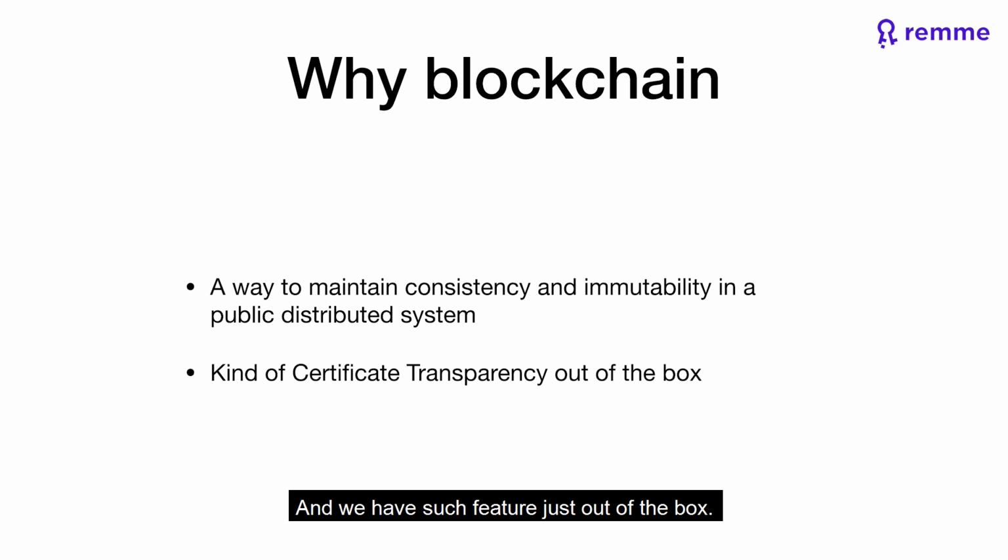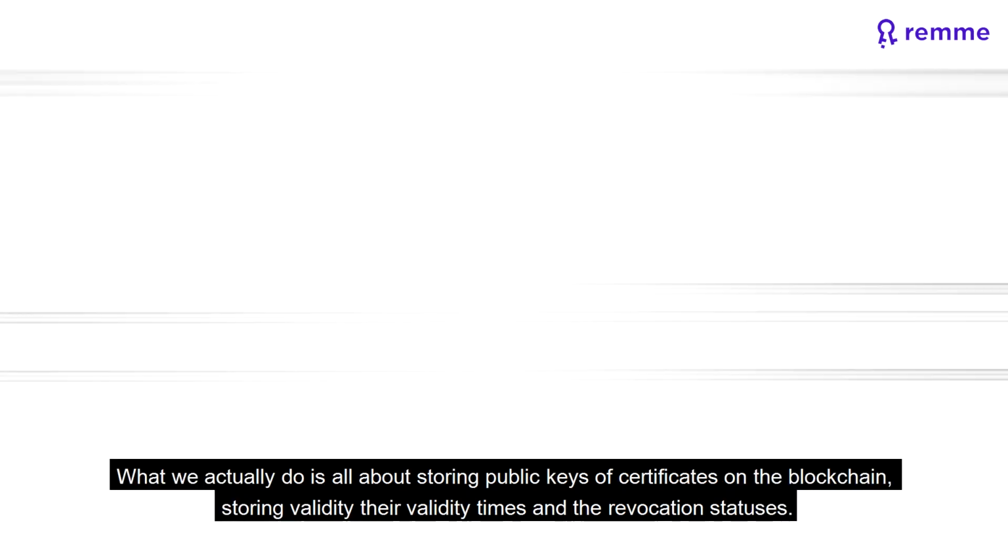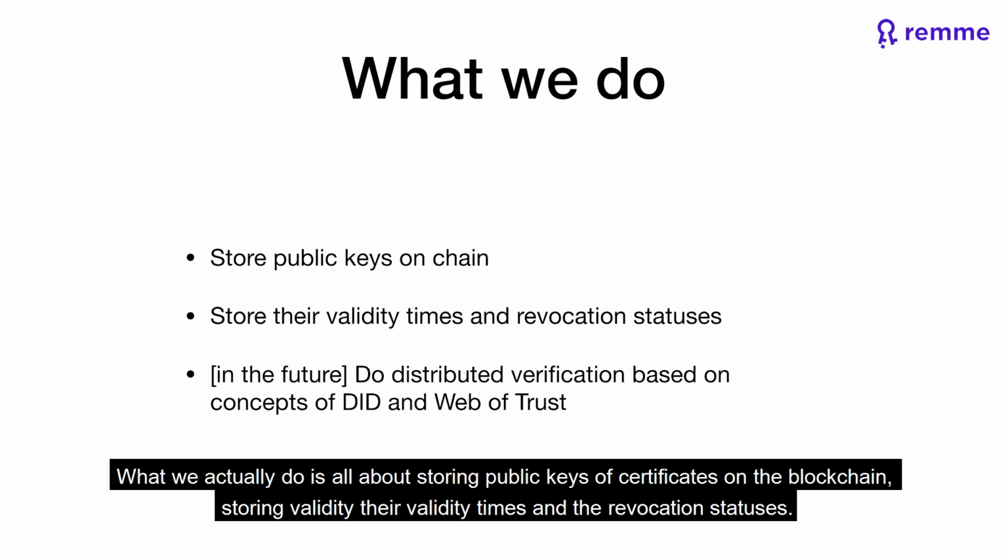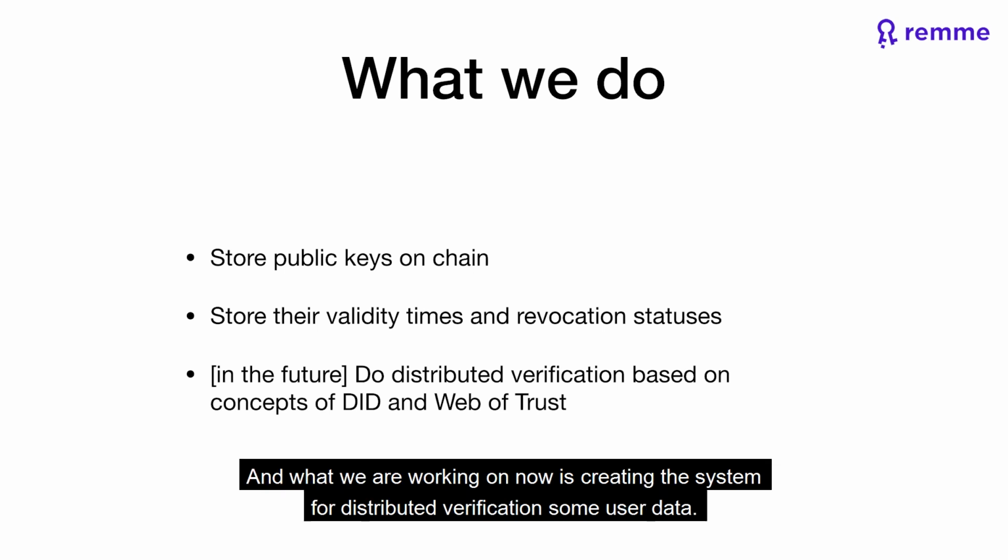And we have such a feature just out of the box. So what we actually do is all about storing public keys of certificates on the blockchain, storing their validity times and their revocation statuses.